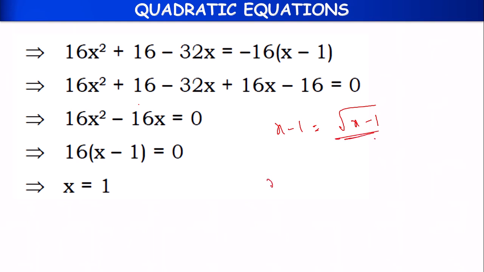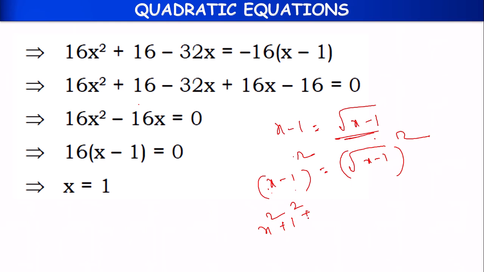For removing the root, again if we square on both sides, what happens? This is a minus b whole square, a square plus b square minus 2 into a into b, equal to, the square and root get cancelled, x minus 1.